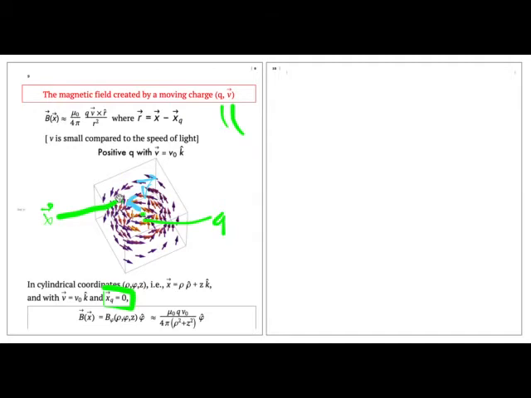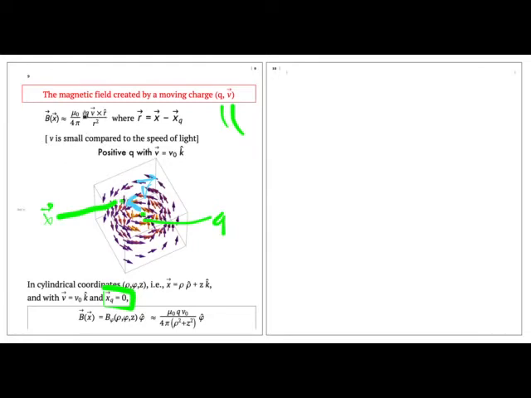So this is r. It's the position where I'm measuring the field relative to the position of the particle. So it's the vector x minus x_q. That's r, and r without an arrow over it is just the length of that vector. So that's just the distance from the charge to the point where I'm determining the field.